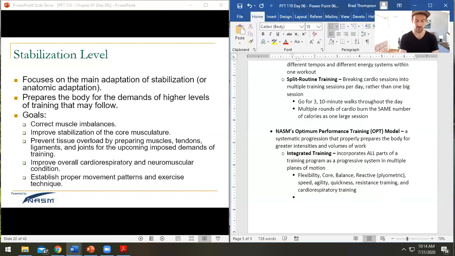So the stabilization level, by definition, is going to focus on the adaptation of stabilization, okay? So really the goal here is, learn how to control your body, right? That's our goal. We want to focus on correcting muscle imbalances, improving our stability of core musculature.